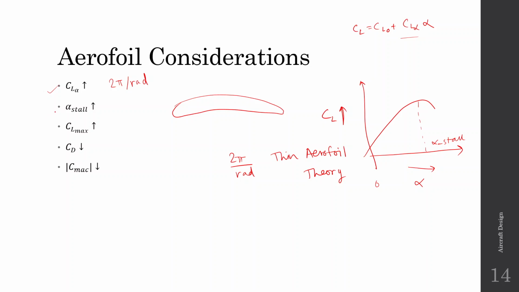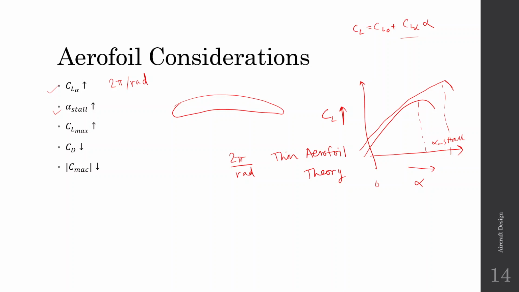Now the second thing that we consider is we want to maximize the alpha stall. If we have two aerofoils, one is like this and the other one stalls at a higher angle of attack, we will choose the second one. We want an airfoil with a high stall angle.